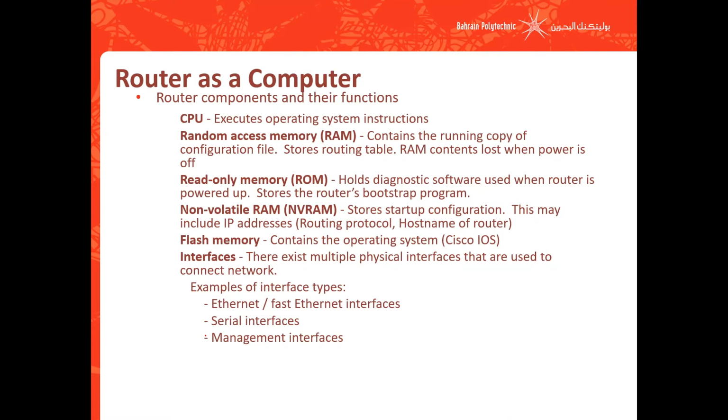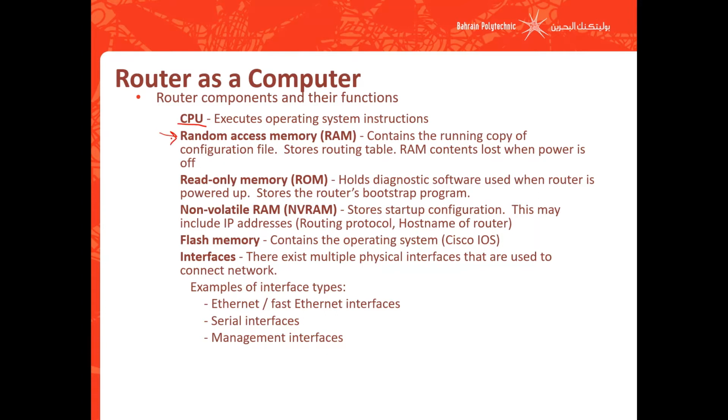First of all, a router has different components. It has something called the CPU. Every device has a CPU. That's where the operations basically happen. Instructions are followed. Then there is RAM.